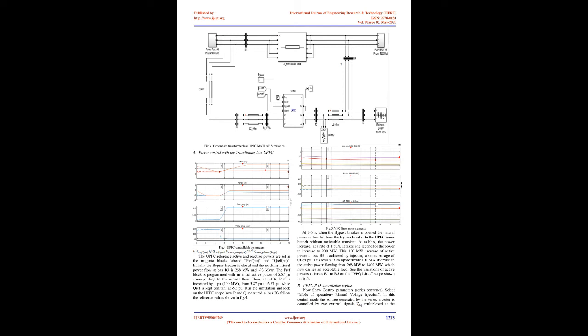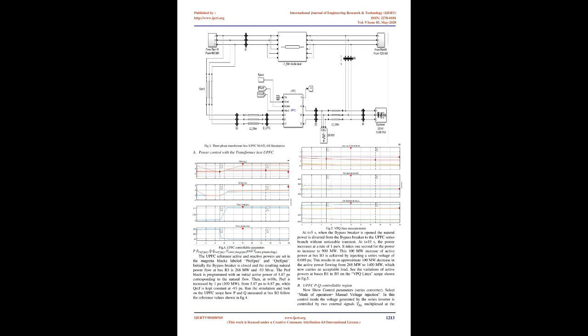Fig.4 UPFC controllable parameters. The UPFC reference active and reactive powers are set in the magenta blocks labeled PREV, PU, and CREV, PU. Initially the bypass breaker is closed and the resulting natural power flow at bus B3 is 268 MW and -93 MVAR.